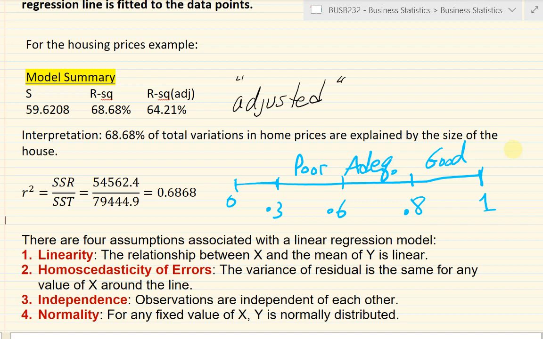I'll show you an example of it. Independence of observations, that makes sense. And normality. For a fixed value of x, y is normally distributed. Remember, we use a fixed model regression, meaning x is fixed, y is random.